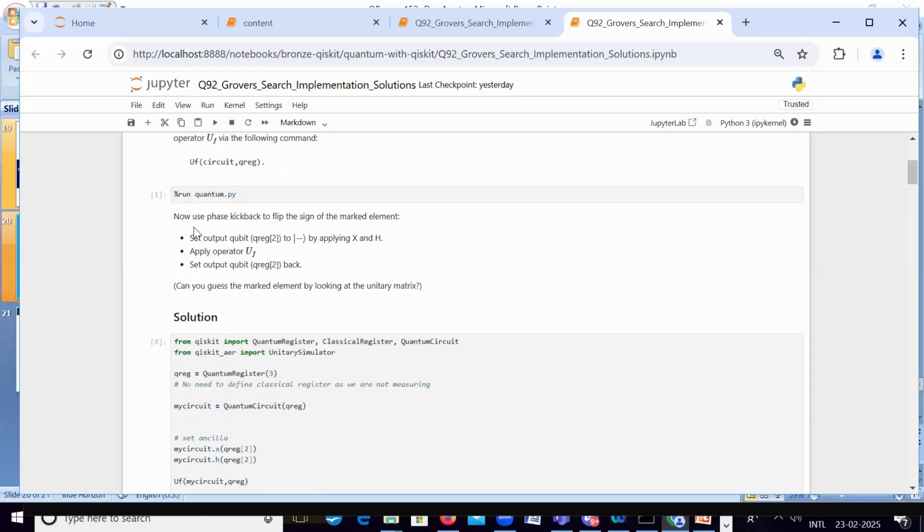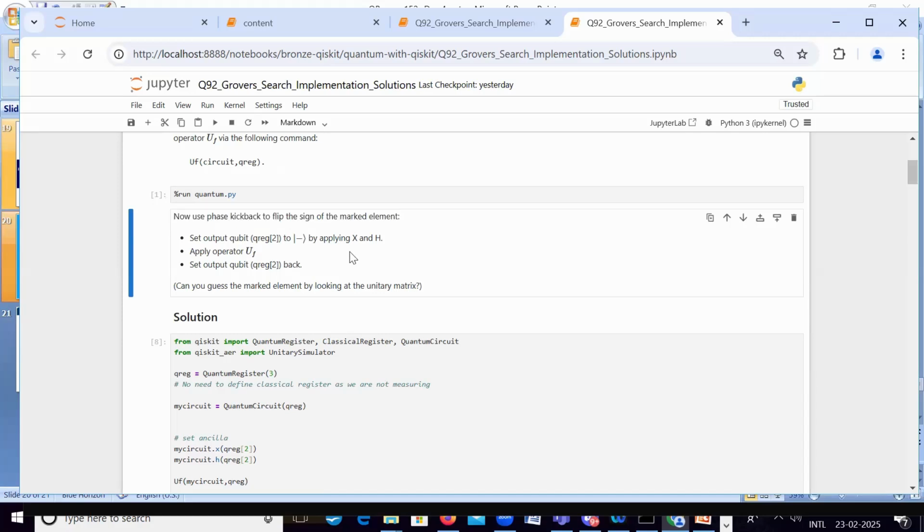Once again, we use the phase kickback to flip the sign of the marked element. Once again, this is very crucial, getting deeper into the working of the oracle function. The use of kickback flips the sign of the marked elements.